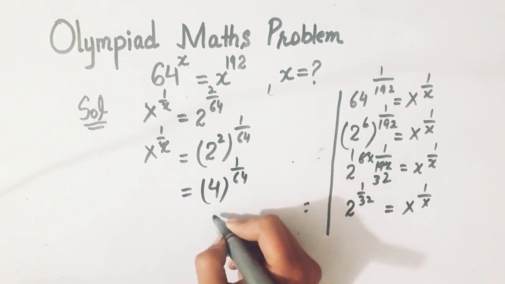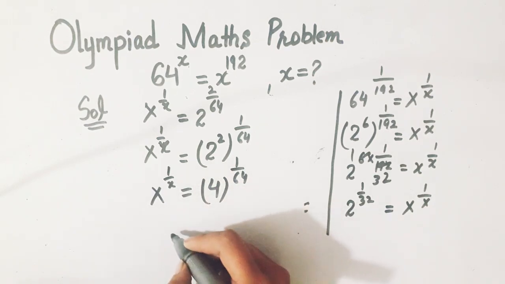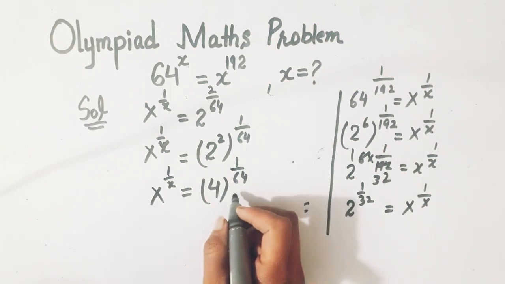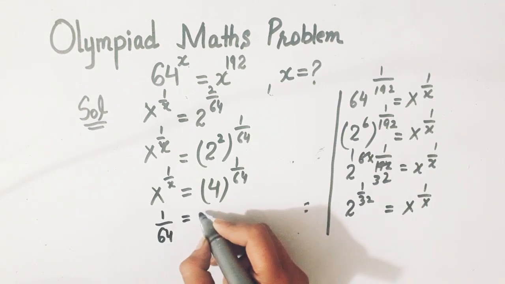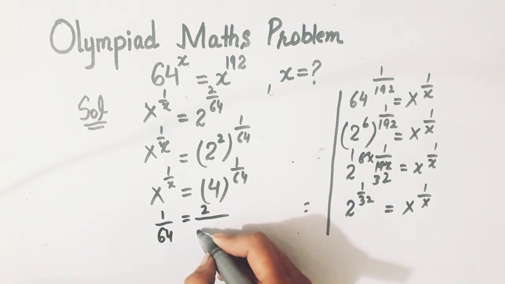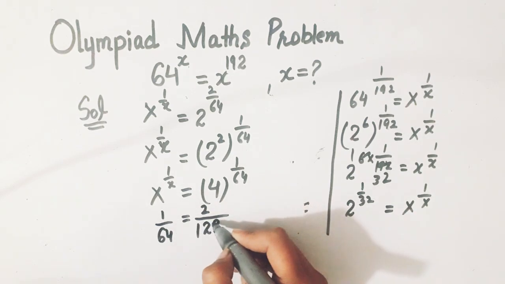Now this is x raised to power 1 over x. In the next step, 1 by 64 can be written as 2 by 128 when we multiply both sides by 2.